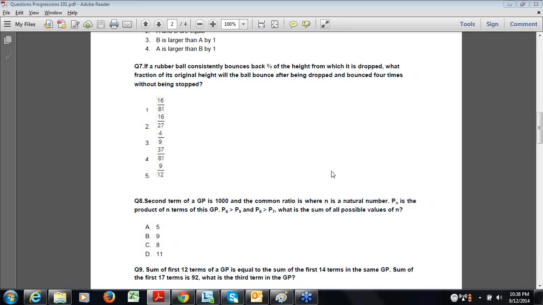For question number 7, the options could not be pasted in the chat window, so you can see them from my screen itself. I'll give you 5 minutes. At 10:45 we'll review these questions.